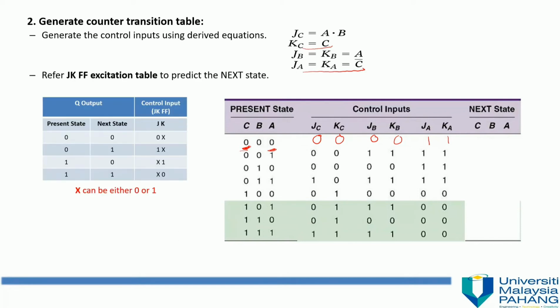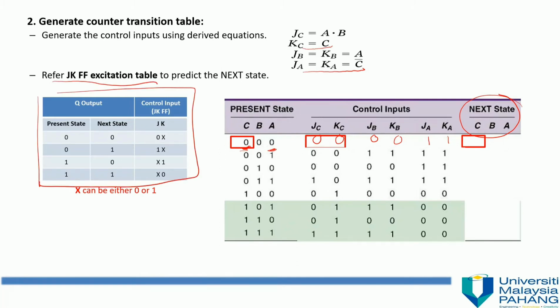After that, we want to generate the next state table. In order to derive the next state table, you need to refer to the JK excitation table. Remember to memorize this table. To predict the next state, we refer to the present state, at the first row.